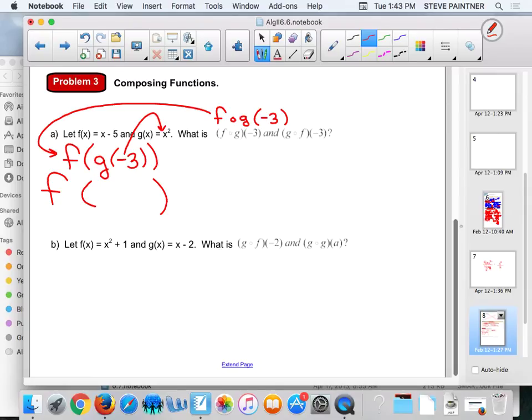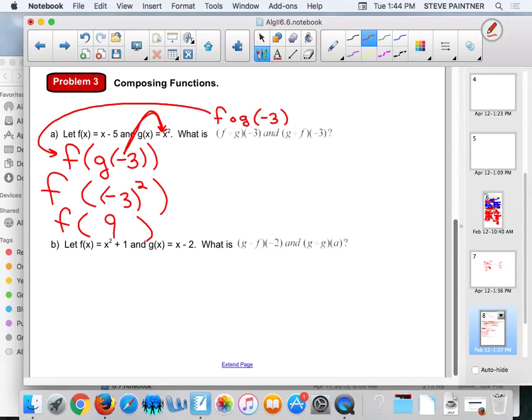Negative 3 is the x value you put in g, so you put the negative 3 in for x and you square it. Negative 3 squared is 9. You're doing what g tells you to do. The answer to g of negative 3 is 9.